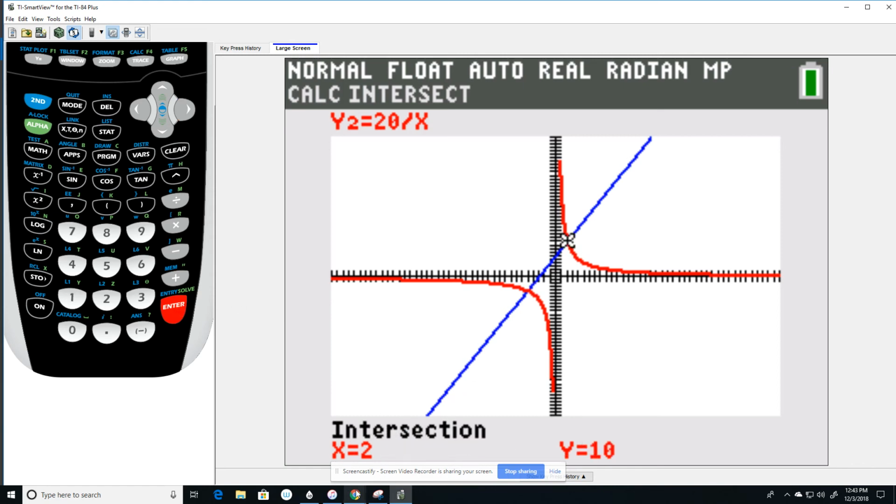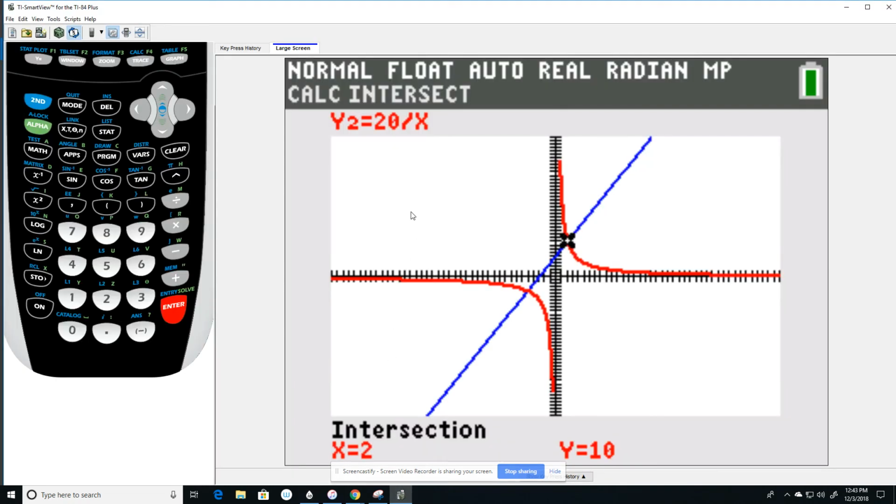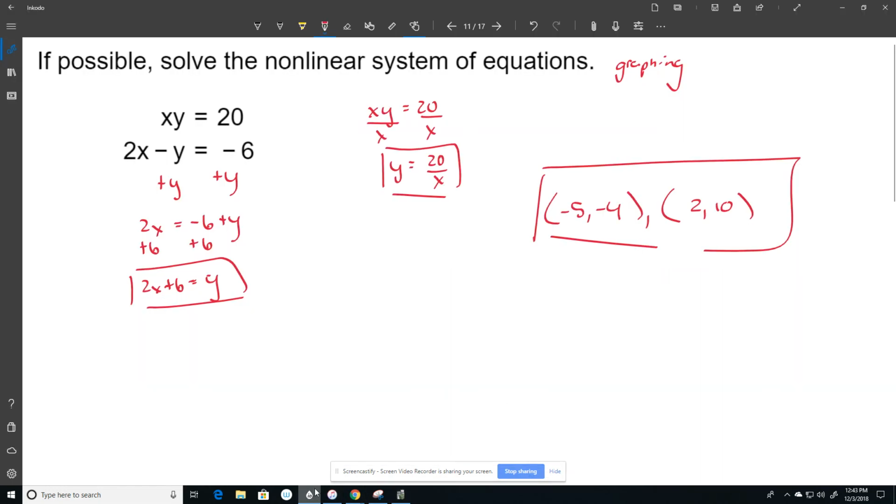So X equals 2, Y equals 10. So my other solution is 2, 10. So that really long 10-minute problem really can be done in about 2 minutes. Solve for Y, put them in the calculator, graph the picture, and let it find the intersections for you.